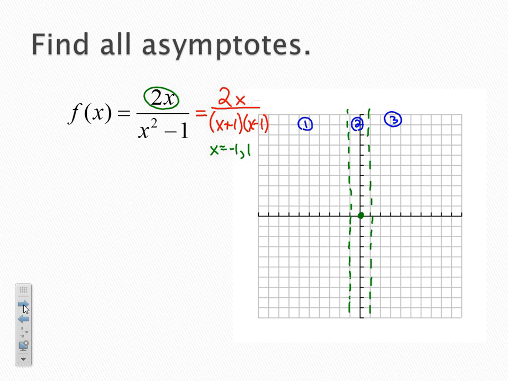Okay? So if we take a look at our horizontal asymptotes, again, to determine them, we need to compare the degrees of the numerator and the denominator. So when I look at this graph, my numerator is a first-degree function. My denominator is a second-degree function. So that means my larger degree is in the denominator.